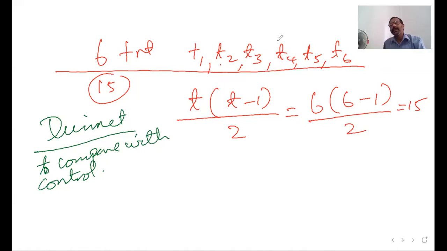Oh, not necessarily. Now let's say the condition. What condition are we going to test for that control? We won't give that condition.